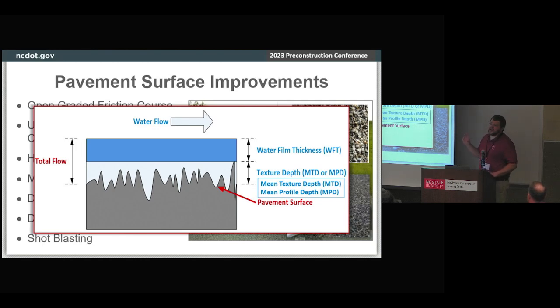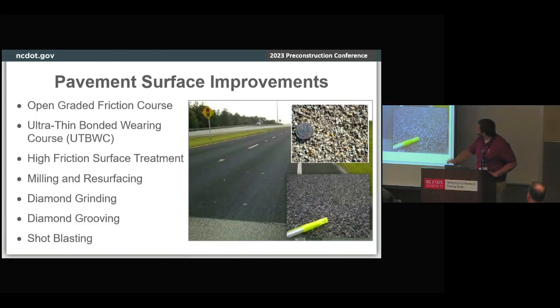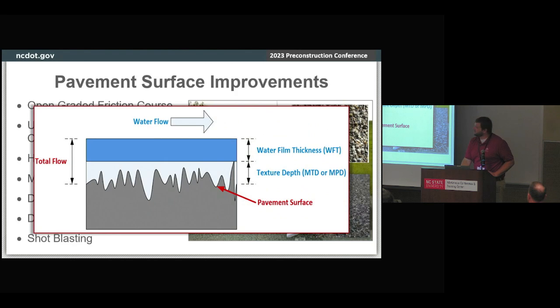The reason is that the less depth you have, the more water builds up on the surface. If you have texture, water can flow through that, and it can lower your water film thickness. That's why we're looking to improve that MTD value by different pavement options.